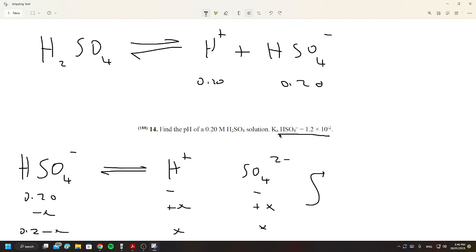Wait, so ignore what I said about this being a weak acid. No, HSO4 is a weak acid. Let me just double check. It's a weak acid.